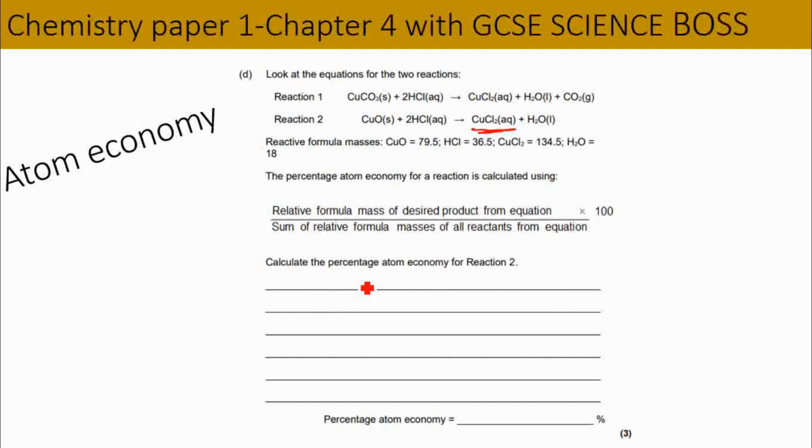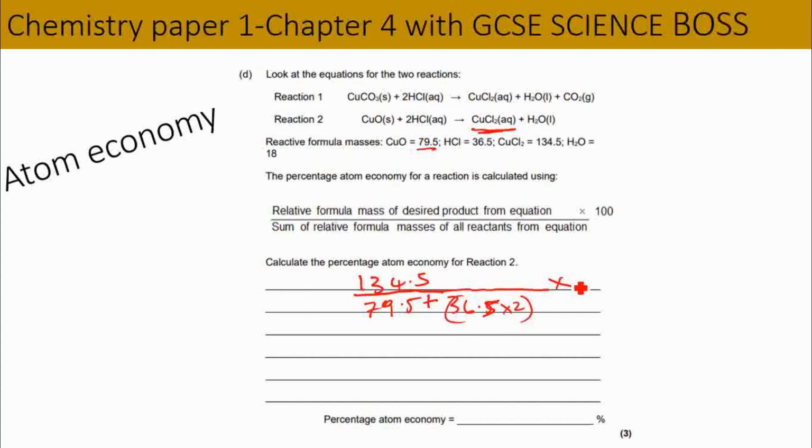So it's going to be 134.5, which is my desired product. I said 134.2, apologies. Lots of numbers here. Over the sum of the MR of all the reactants. So we have CuO, which is 79.5, plus HCl, which is going to be 36.5, and because it's 2 times that, we have to times it by 2.